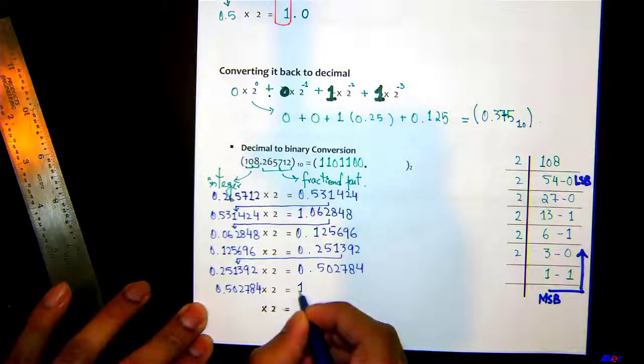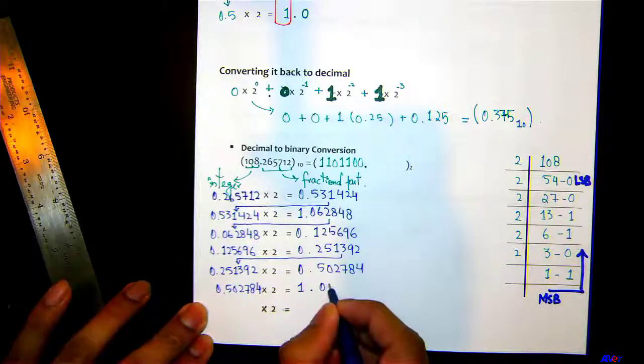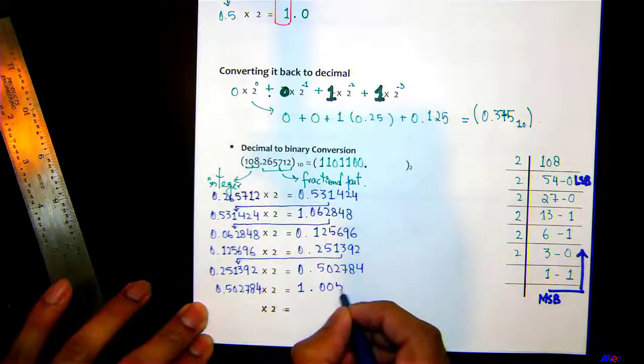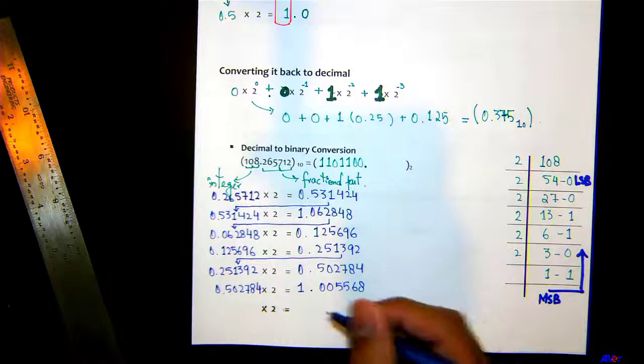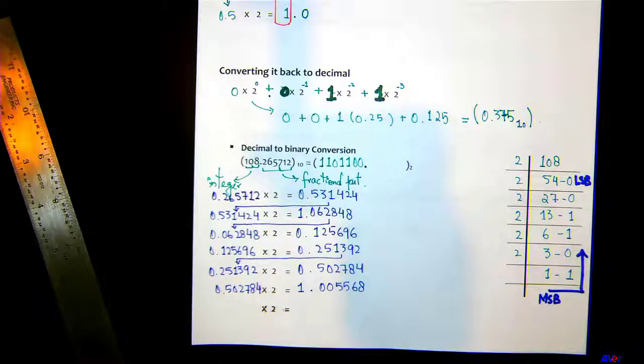So we get 1.005568. And you see, we are looking for 0, but probably you might not get 0. It's similar to if you divide 1 by 3, you get 0.333333333, right? So how far you want to go, again, just get 6 decimal digits and that will be okay.